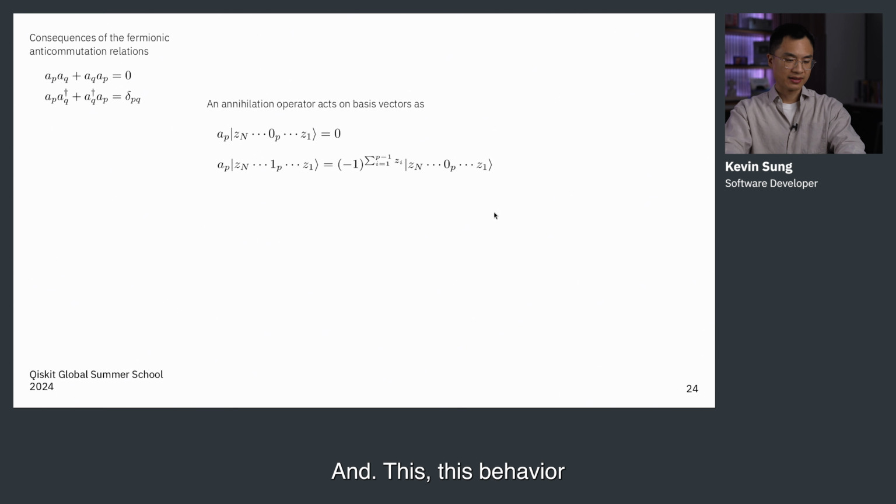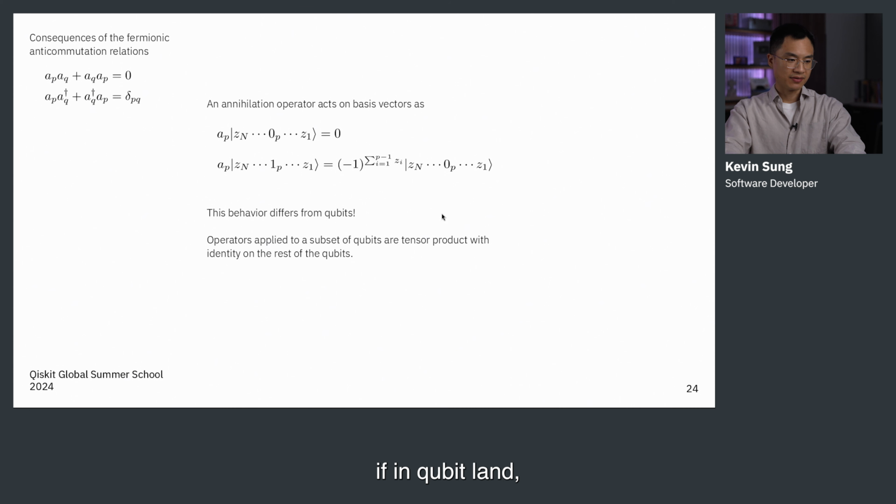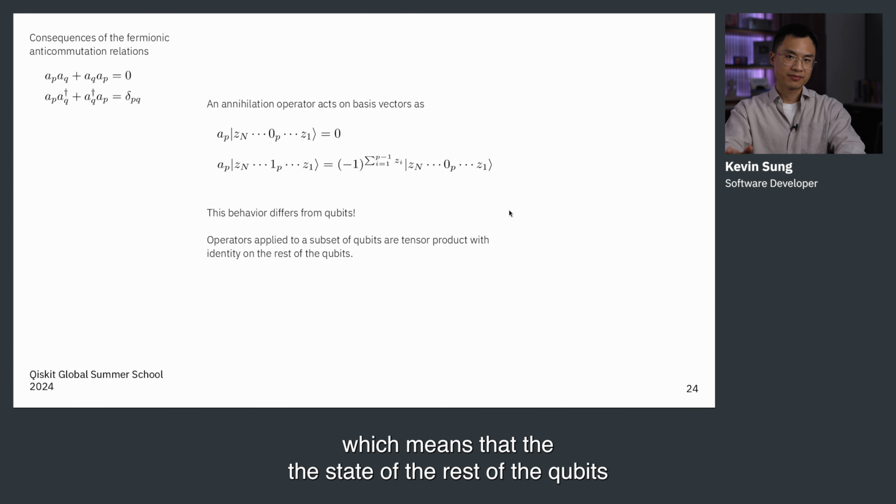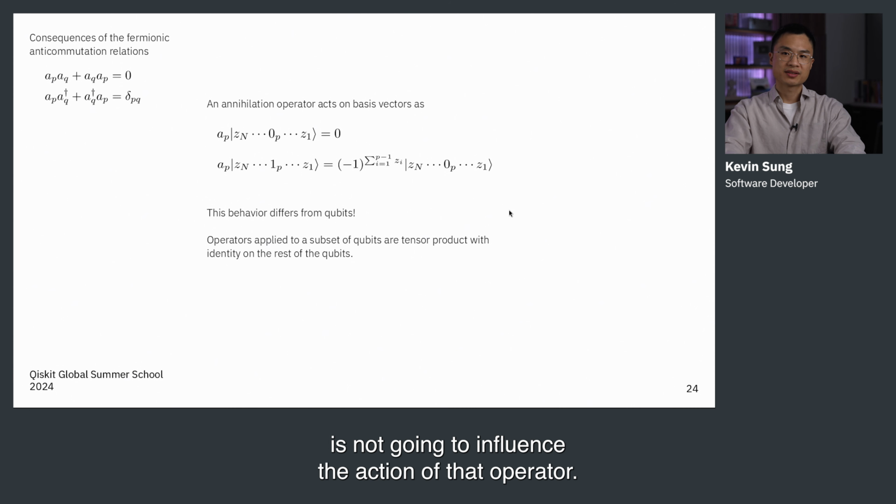And this behavior differs from qubits, because in qubit land, if I apply an operator to a subset of qubits, that operator is tensor product with the identity on the rest of the qubits, which means that the state of the rest of the qubits is not going to influence the action of that operator.